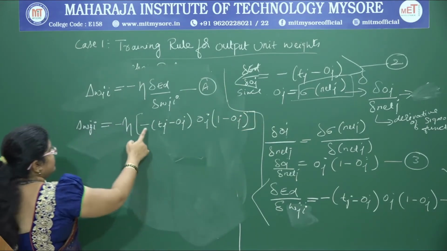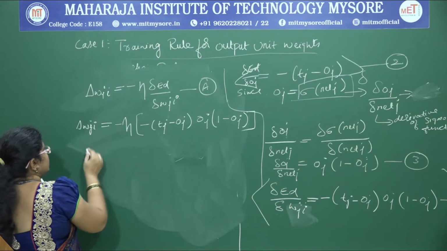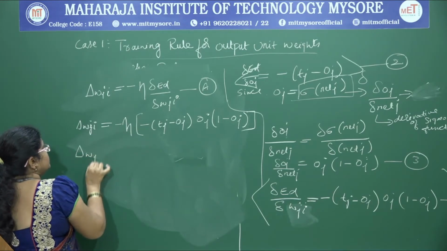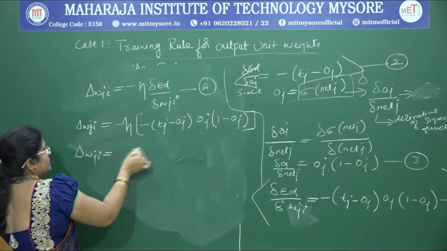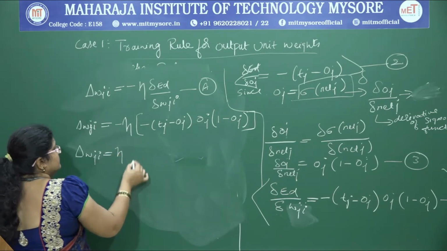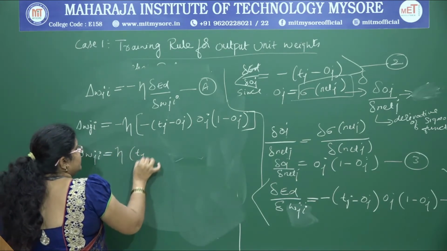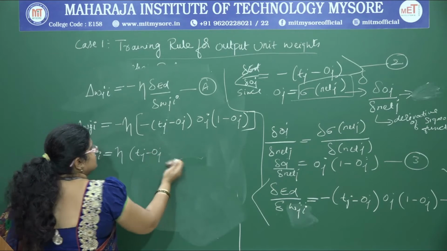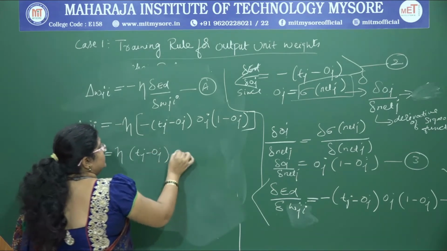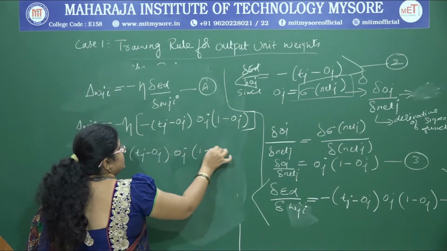So, now at the end minus minus get cancelled, that is a plus. So, delta Wji is equal to eta into Tj minus Oj into Oj into 1 minus Oj.